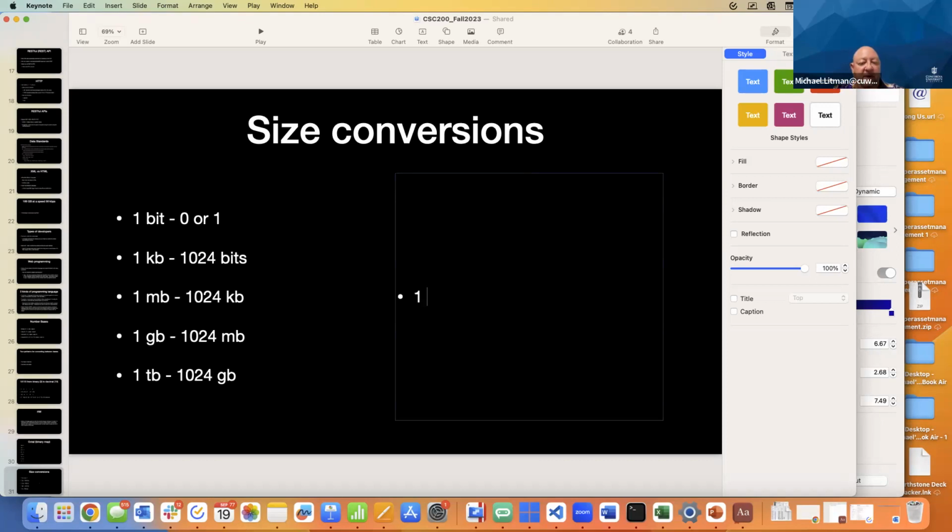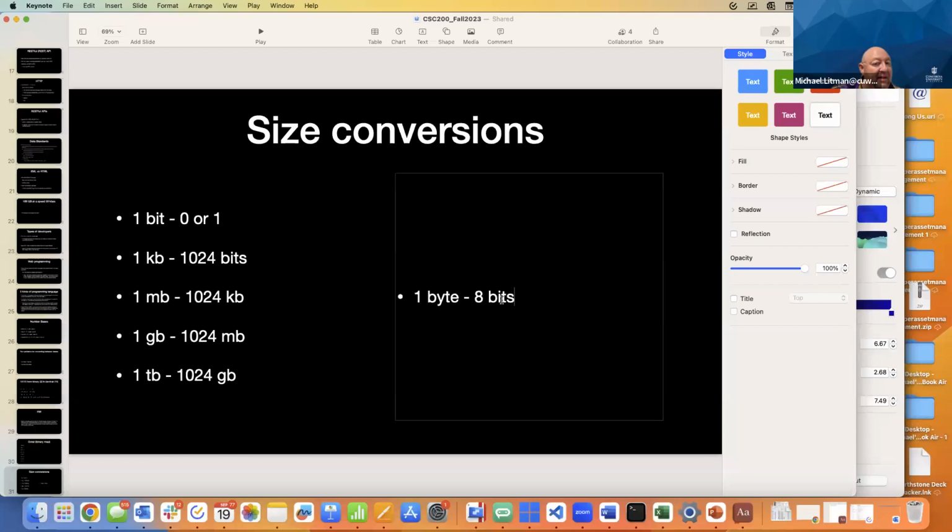We go over to this side, we have 1 byte is equal to 8 bits. So we notice as we go down our list here, everything's a scalar of 1,024. Multiply 1 by 1,024 to get kilobits, times 1,024 to get megabits, times 1,024 to get gigabits, times 1,024 to get terabits. When we jump to the byte column, we first need to multiply by 8.